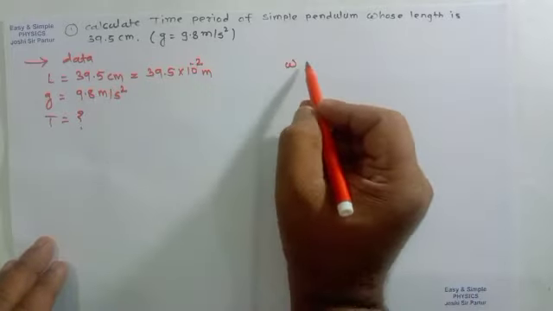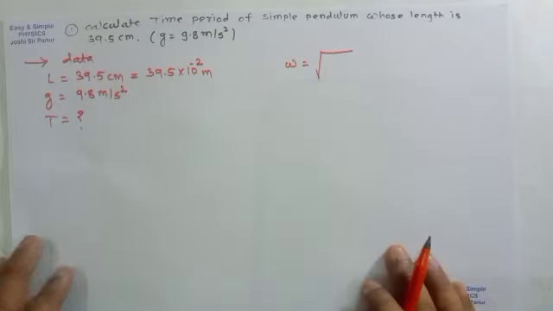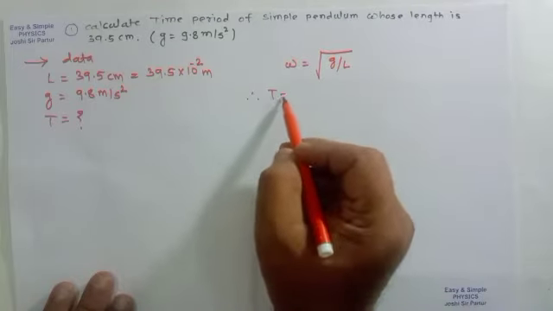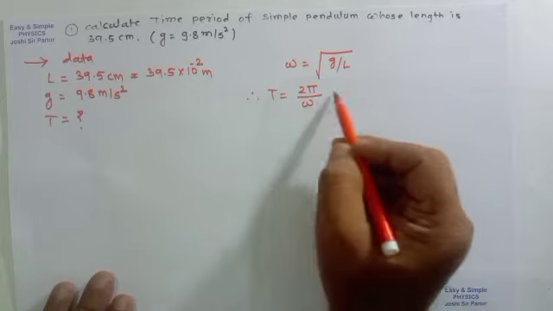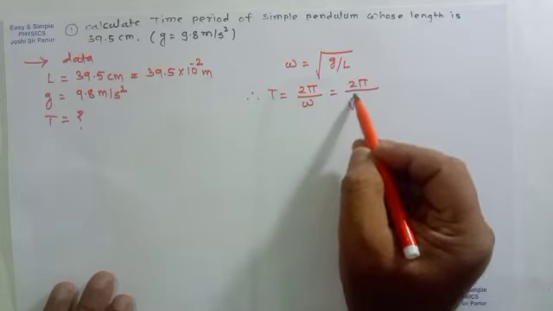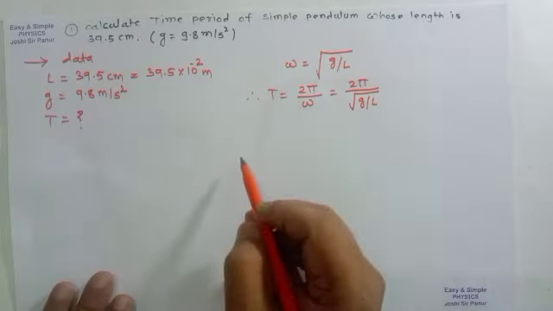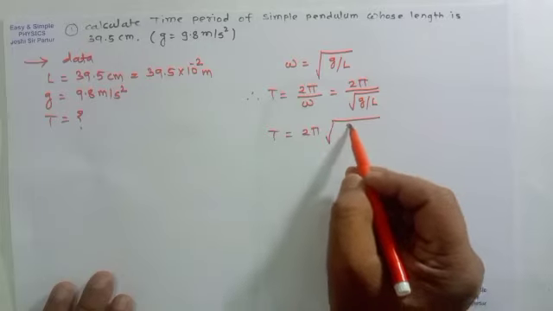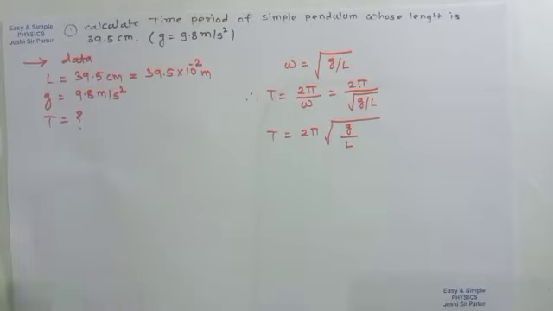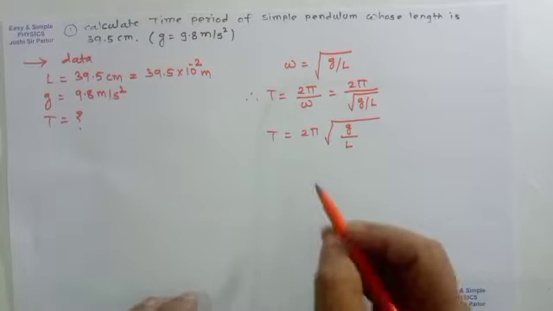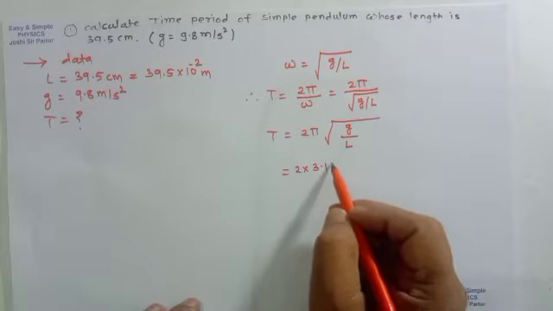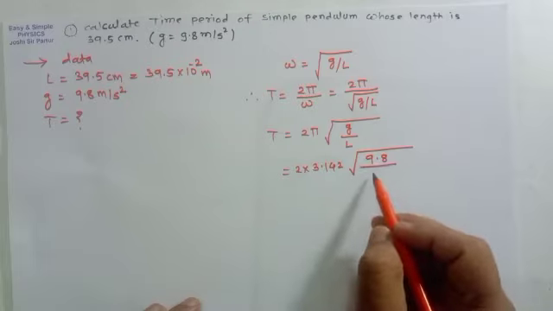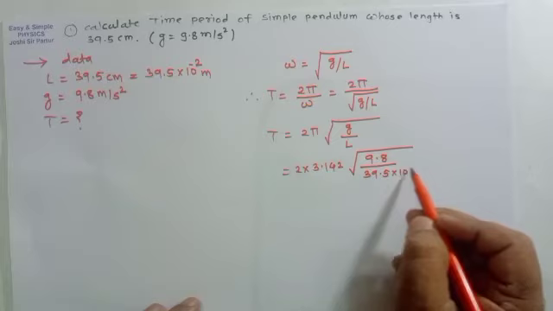So first we know the formula omega is equal to square root of g upon L. So time period is equal to 2 pi upon omega, which is 2 pi upon square root of g upon L. If we substitute the values here, 2 multiplied by 3.142 square root of 9.8 divided by 39.5 into 10 to the power minus 2.